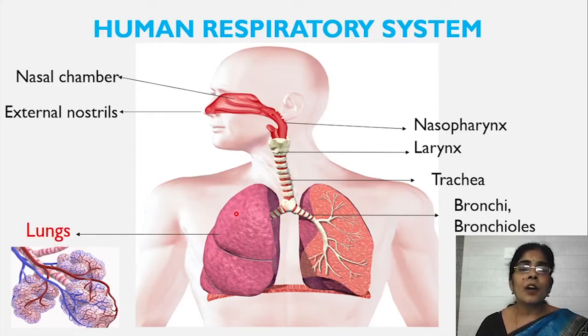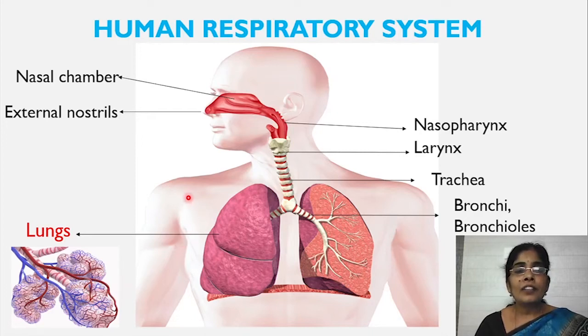Now coming to our respiratory organs, lungs. Lungs occupy the greater part of the thoracic cavity. Inside the lungs, many alveolar sacs are present, and each alveolar sac has many alveoli. Alveoli are the units of lungs. They are richly supplied with blood capillaries and they are the sites for the exchange of respiratory gases.